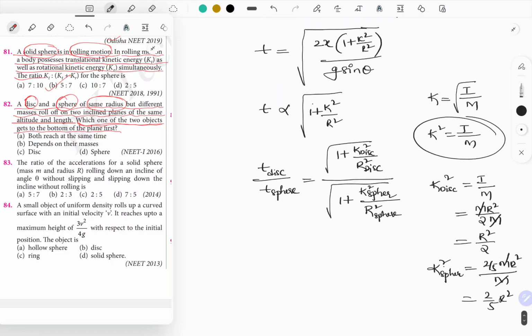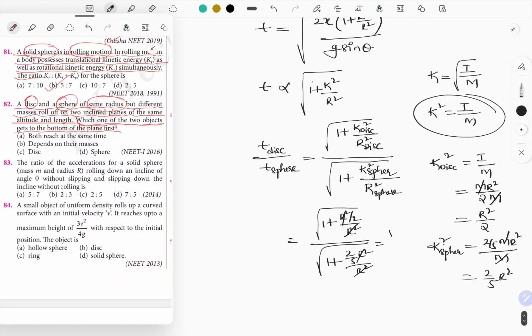Let me substitute these values here: root of 1 plus r square by 2 by r square, divided by 1 plus 2 by 5 r square by r square. The r square will get cancelled out. Now I am left with root of 1 plus 1 by 2, which is 3 by 2, divided by 1 plus 2 by 5, which is 7 by 5.